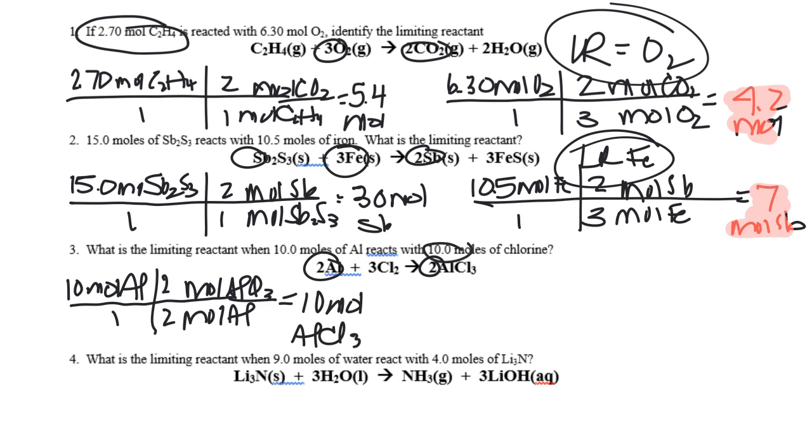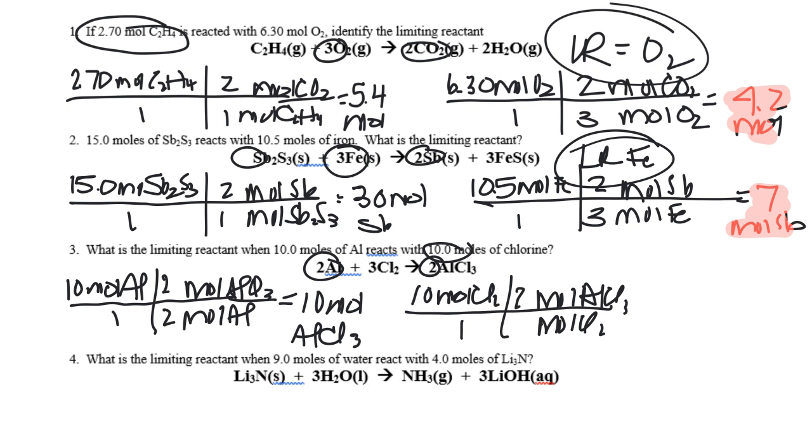Now we're going to use 10 moles of chlorine. Moles of chlorine comes down. And then I go to moles aluminum chloride. 2 is next to aluminum chloride. 3 is next to chlorine.